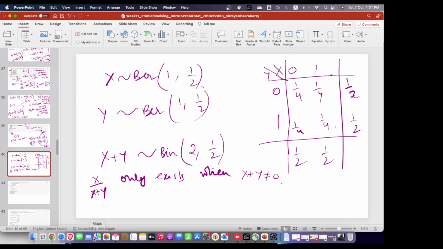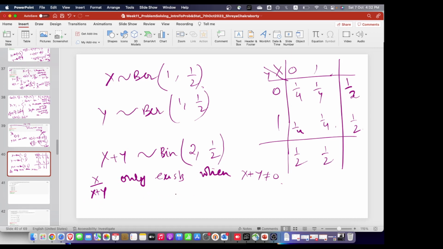This is one thing we should keep in mind. Where it is not defined at 0, let us consider wherever it is defined.